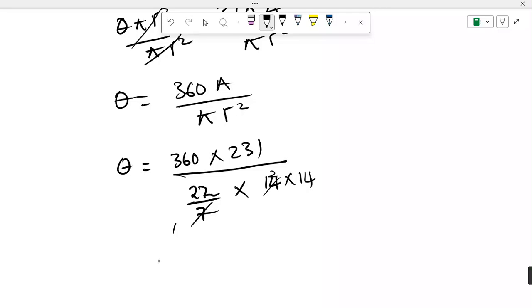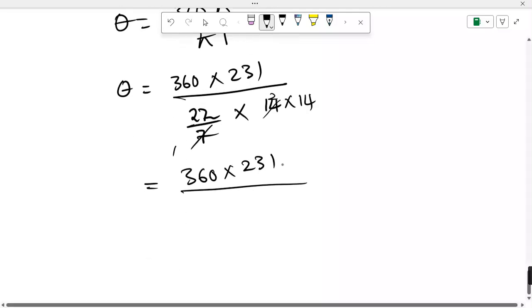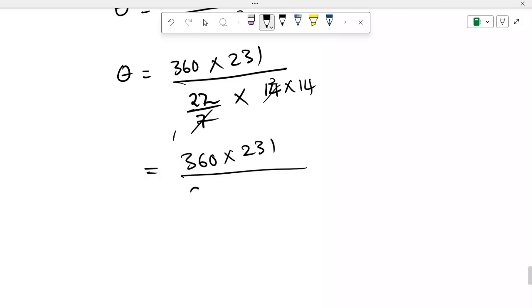Okay, so let's further simplify it. We have 360 multiplied by 231 over, now 7 is gone, so you have 22 multiplied by 2 multiplied by 14. So let's see numbers which can go into any of these.